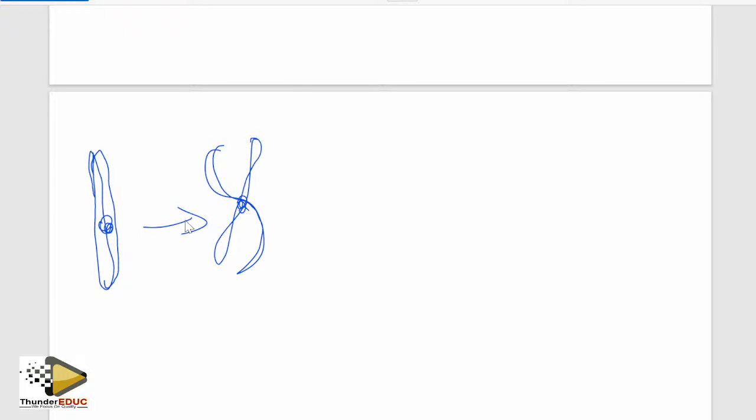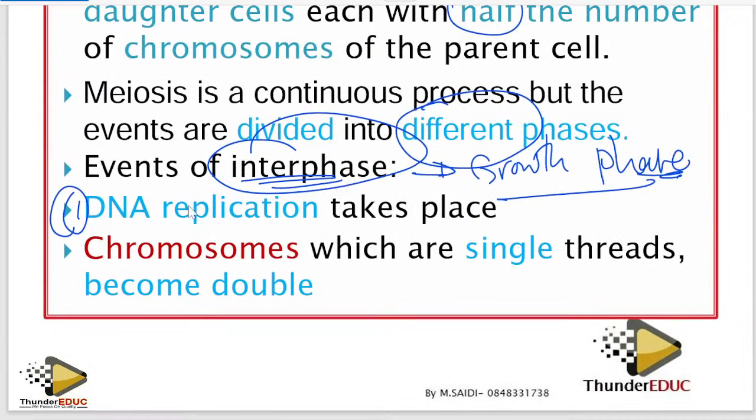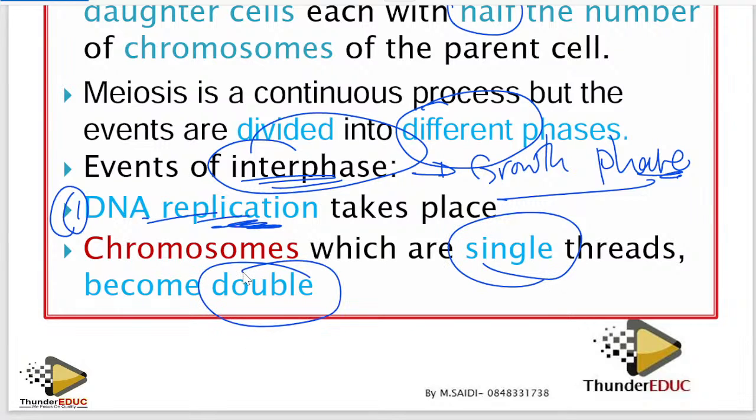So we ask the question: when does DNA replication occur? We say it occurs in interphase. Among the events of interphase, DNA replication takes place, whereby the single-stranded chromosome becomes a double-stranded chromosome.